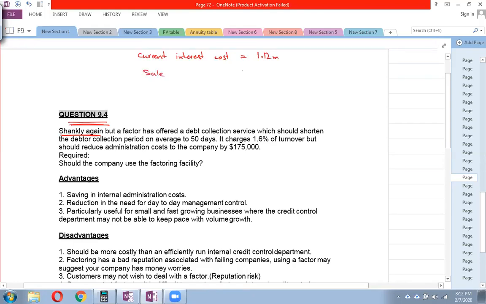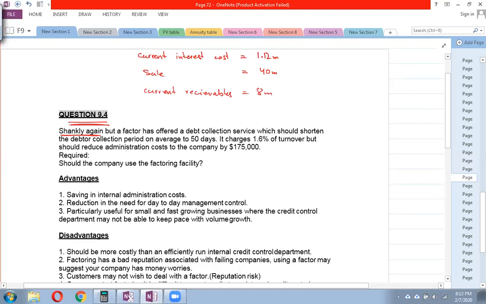Sales is 40 million, right? Well, the sales will be the same again, so I'll keep it sales. Current receivables are 8 million, right? So that's the current information that we have, right?